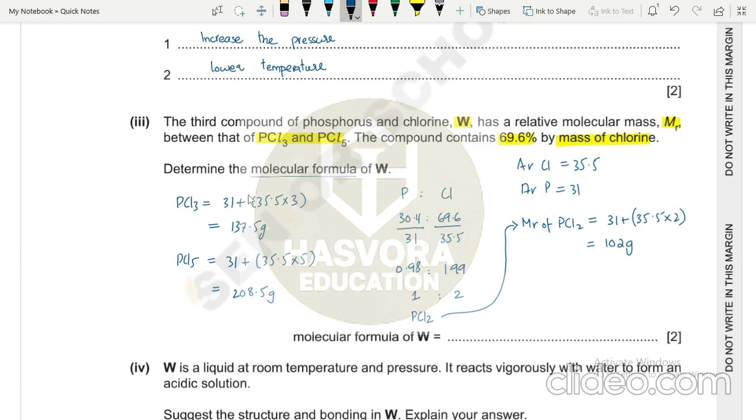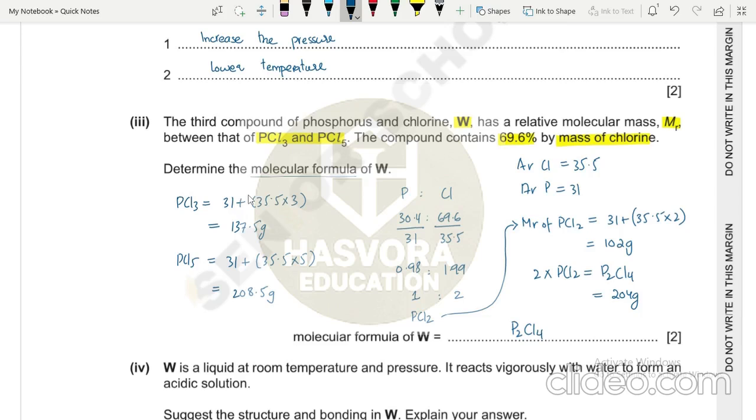So we can simply multiply this empirical formula by 2, so we will get P2Cl4 and the Mr of this will be 204 grams. Now this indeed lies between these two values of PCl3 and PCl5. So hence our answer of the molecular formula will be P2Cl4.